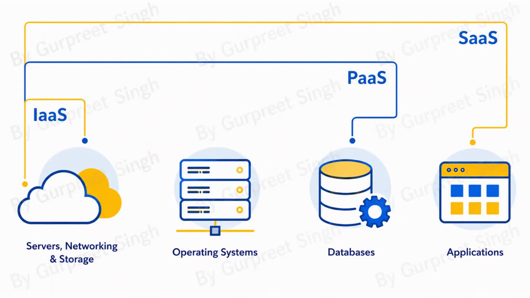You can choose what type of operating system you want to use, whether it's Linux, AIX, or Windows. You can also decide the capacity of your virtual system. That's what IaaS, infrastructure as a service, is.